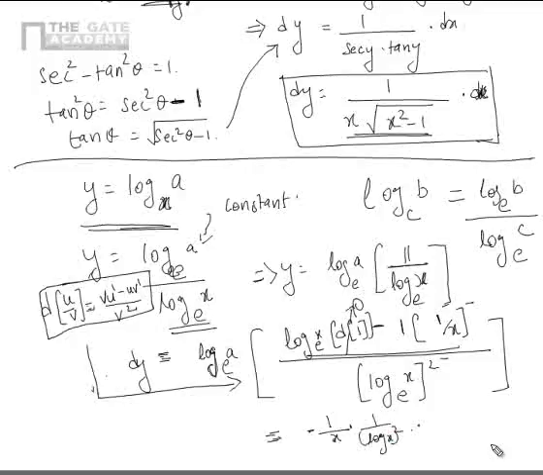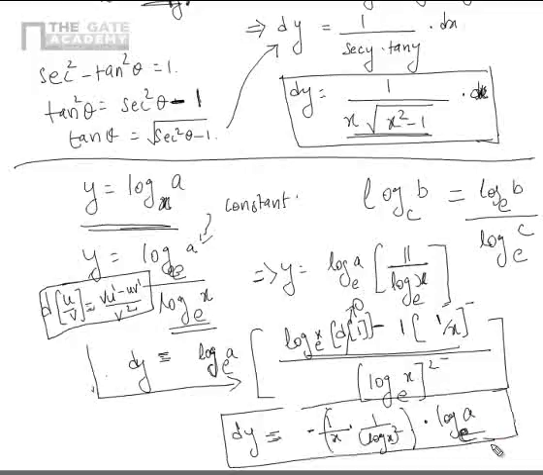This is very important, and this whole term is having a constant outside, that is log a to the base e. So this is the dy. This is the answer. This can be further simplified. The algebraic simplification can be done, but we stop here for the sake of answer.